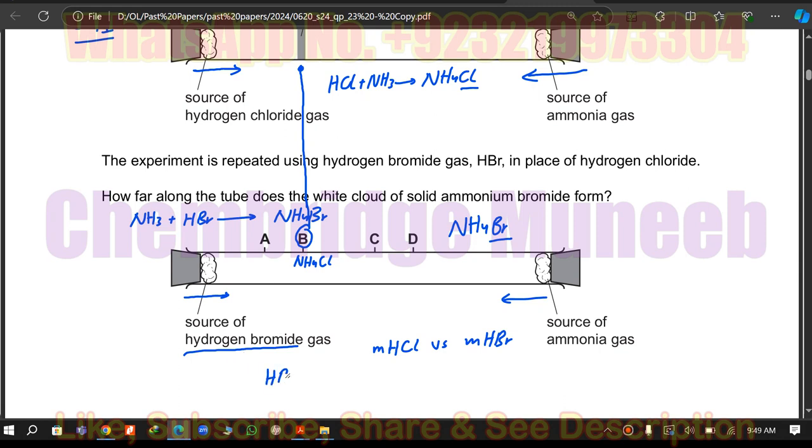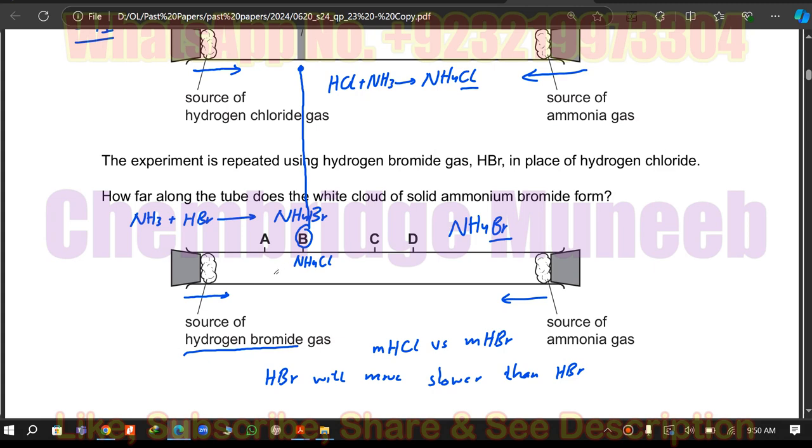So HBr will move slower than HCl, that is clearly seen because of the mass, because mass is inversely proportional to the speed of the movement. So we will say that HBr will move slower, and the time recorded for the movement of both the ammonia gas and hydrogen bromide is the same, but in the same time HBr will move less.